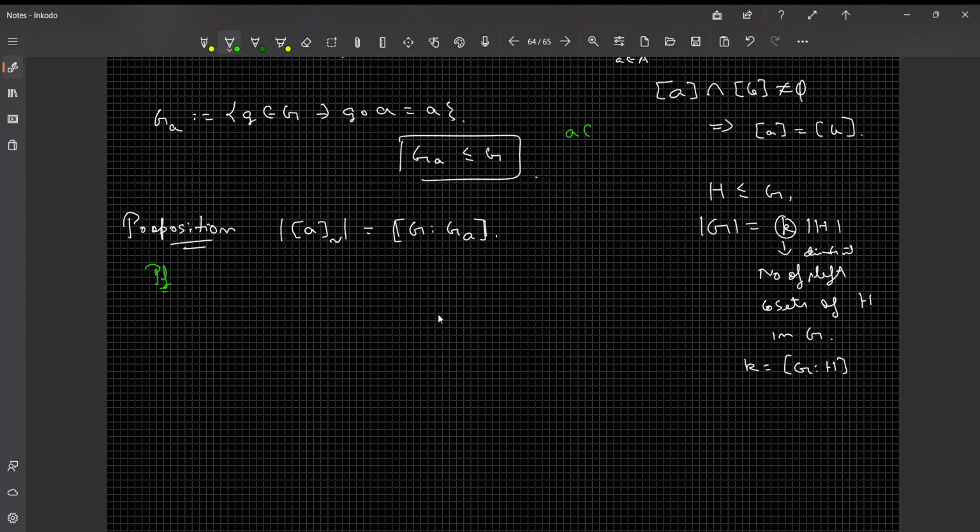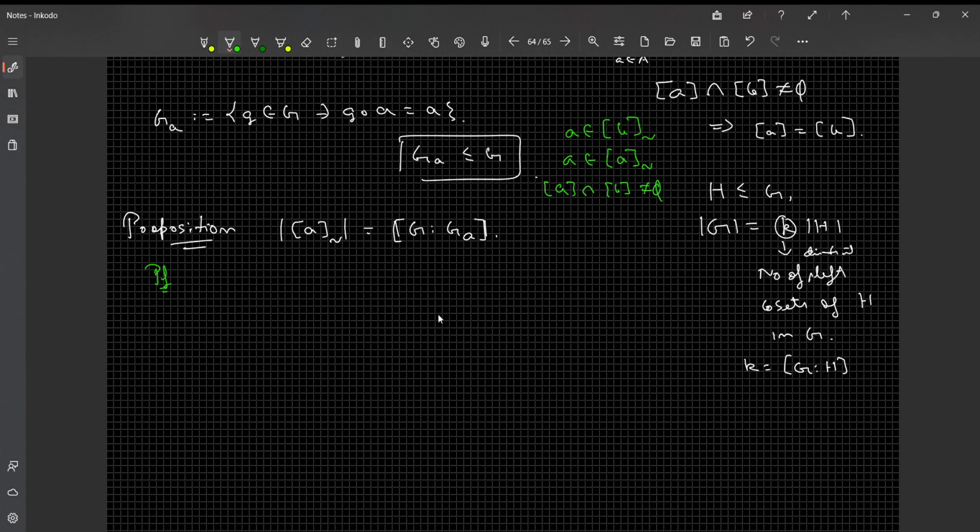Because if A is in the equivalence class of B, and A is also in the equivalence class of itself, because A is obviously related to itself, then the intersection is non-empty, right? But that implies both must be identical, right?